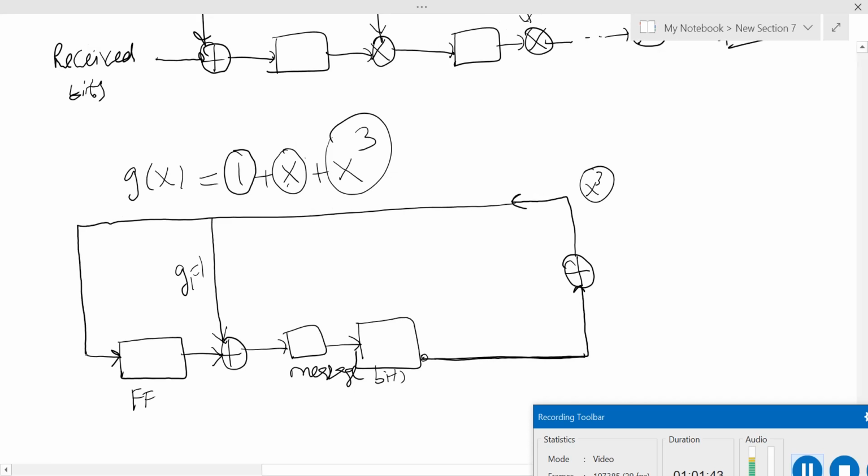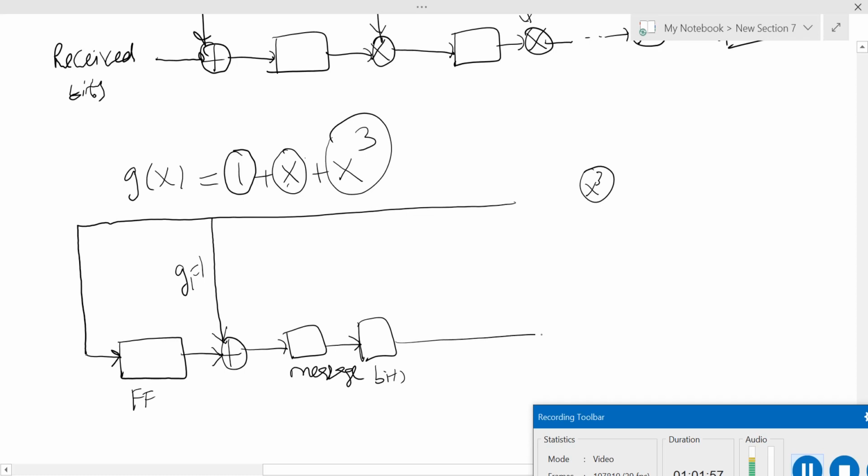Oh sorry, I made a mistake here. Actually this XOR should be here, and here I should feed the message bits.